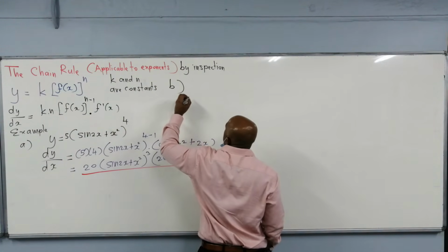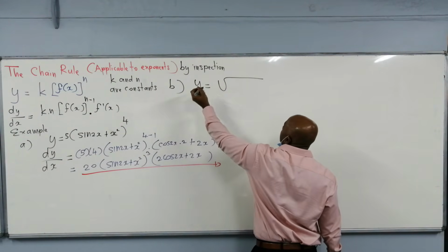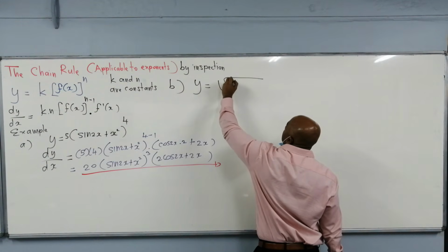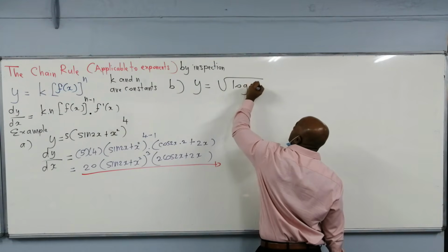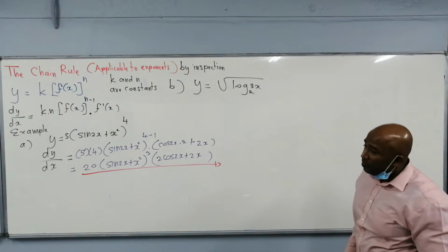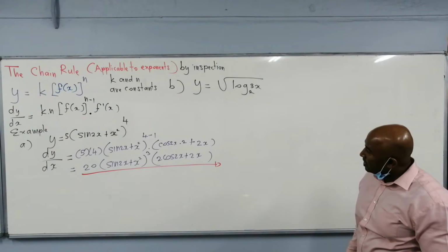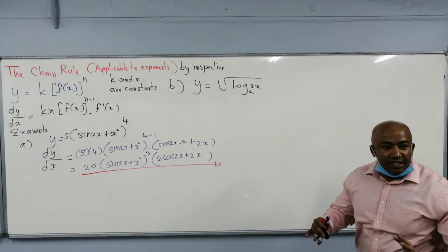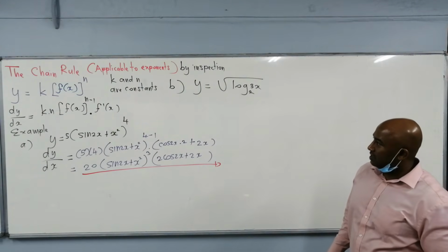Let's take another one. So if I've got y is equal to the square root of log 3x to the base 2, the first thing I want to do is change that square root and rewrite it as an exponent.